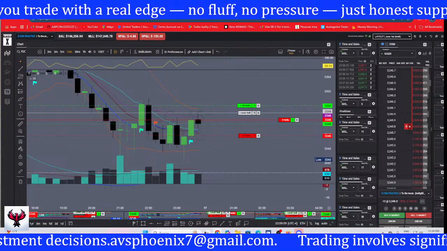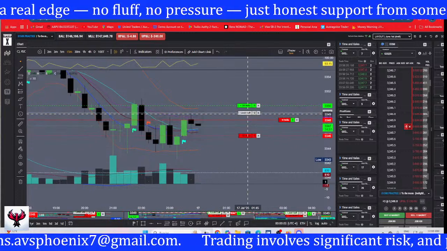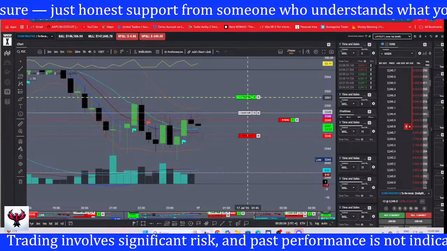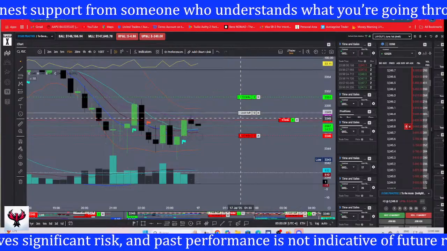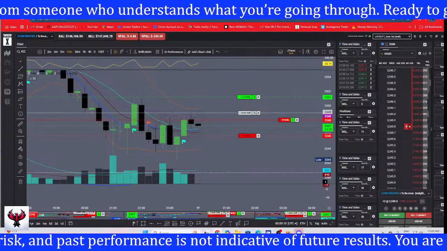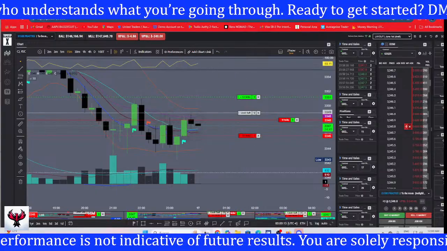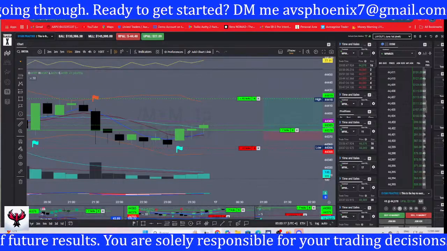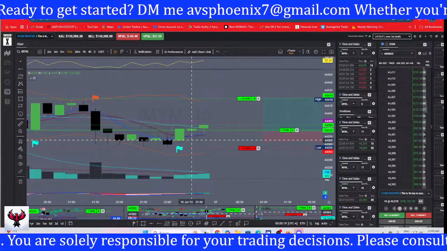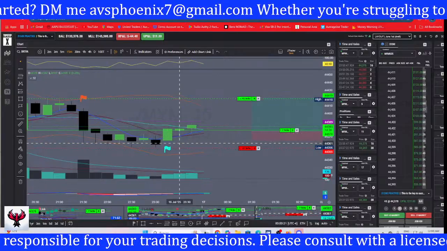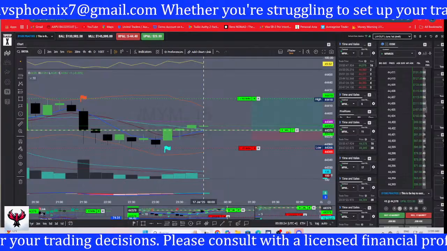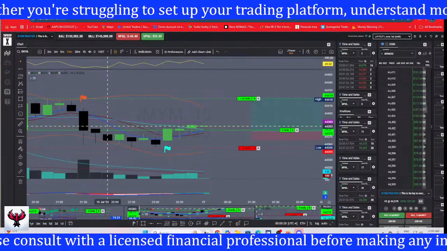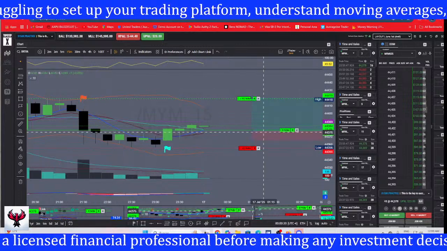Actually, this one has more potential than this one right here. Even though this one is green now. But you see the power of the 5, the power of the 8, the power of the 13, the Bollinger Band.